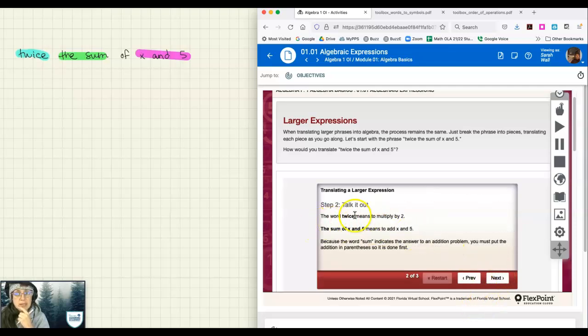The word twice means to multiply by 2. The sum of x and 5 means to add x and 5. And because the word sum indicates an answer to an addition problem, you must put parentheses around the addition problem, right?